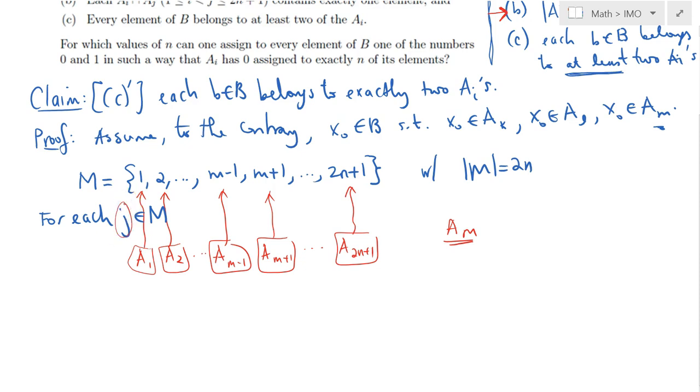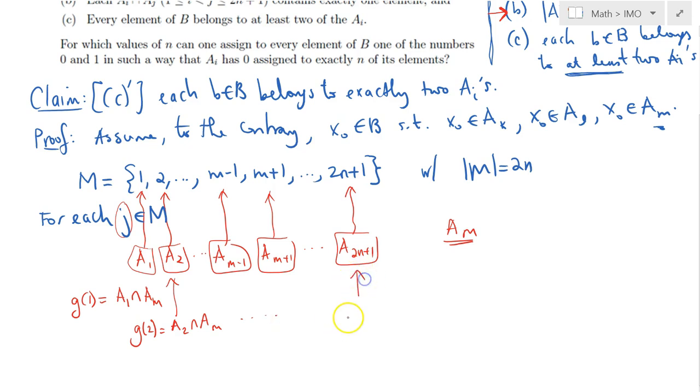So for instance, let's call g of 1 the element in the intersection of A1 and A_M, and in a similar way, g of 2 the intersection of A2 and A_M, and so on.